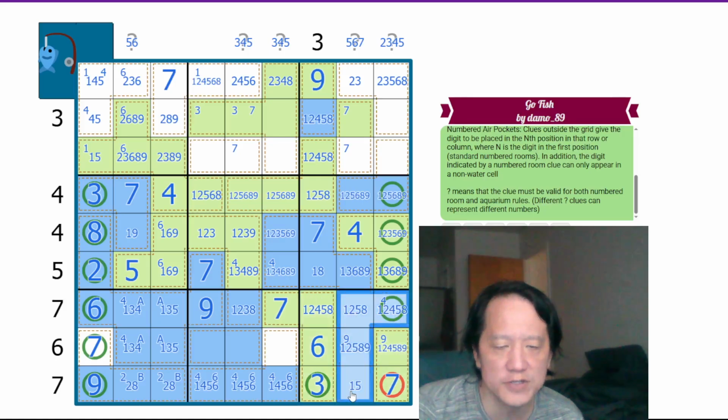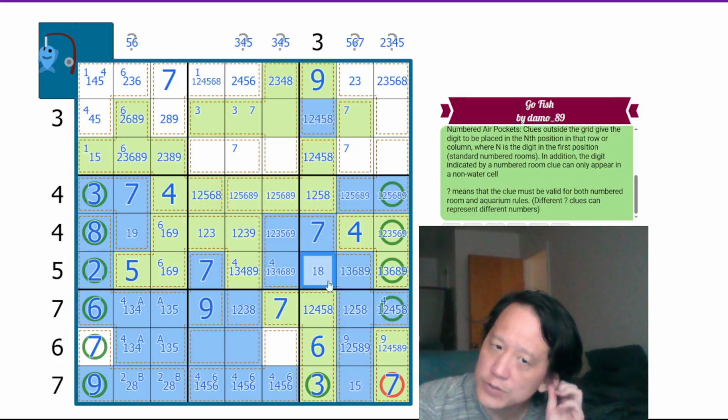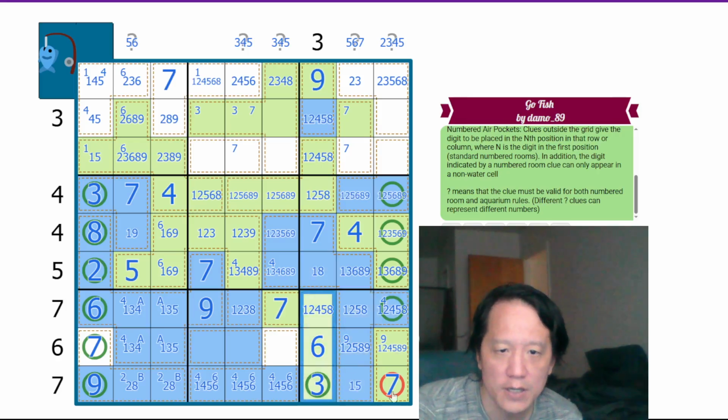Because we have the same 4, they have the same 4 digits. So this cannot be here, and it can't be the 7. These 2 digits must match these. So then this has to be 1 or 8.